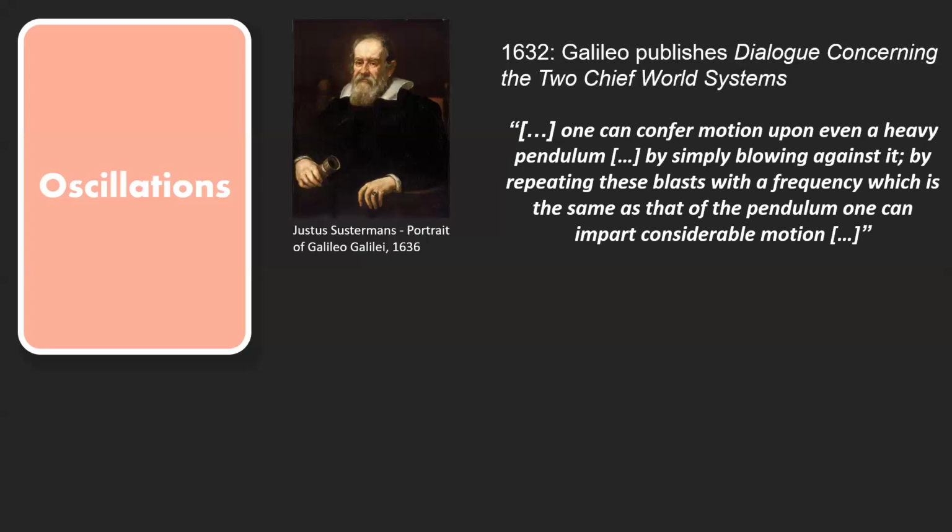So each of these harmonic oscillators, as we call them, has something called the natural frequency associated with it, and it depends on the material and the length and whatever. So Galileo said that if you actually manage to blast it with a certain frequency, which is the same as the natural frequency of that pendulum, you can impart a considerable motion in the pendulum independently of how much force you actually blast it with.